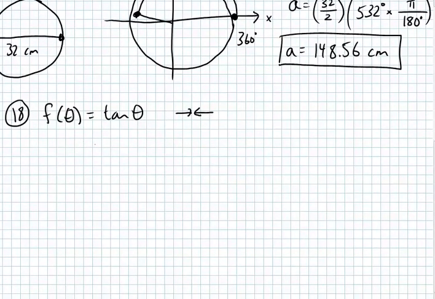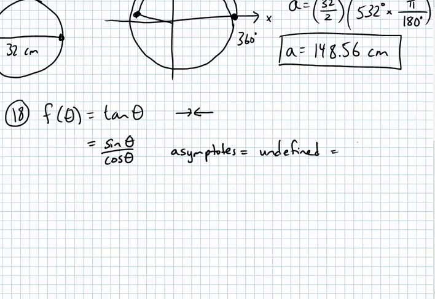So all I know is that tan theta is the same as sine theta over cos theta. And this has asymptotes whenever the function is undefined. So that's whenever it's equal to something divided by 0. So if the cosine equals 0, then tangent is going to have an asymptote.